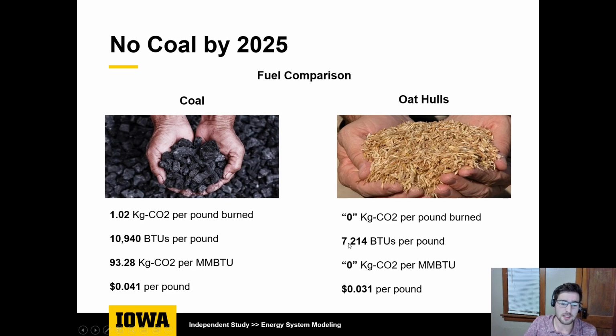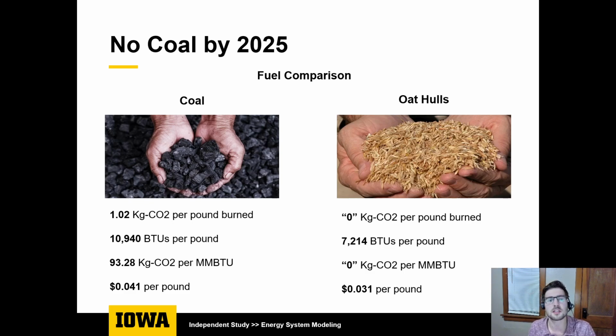But their energy content here, 7,000 BTUs, is much lower than coal. And kilograms of CO2 per pound burned is reasonably, you could call it zero, because when these oats grew, they pulled carbon out of the atmosphere, and when you burn them, it puts the carbon they took out back in. So we could say there's zero.